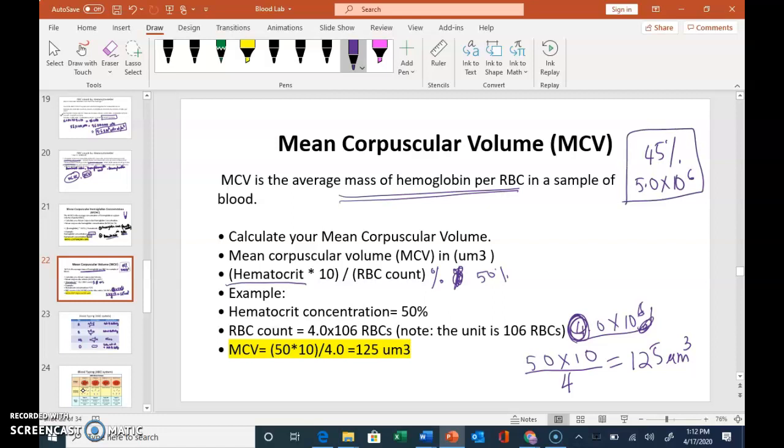Given these two pieces of information, can you calculate MCV? Yes, you can. MCV would be 45 times 10 divided by 5, so that would be 90 cubic micrometers. Does it make sense?